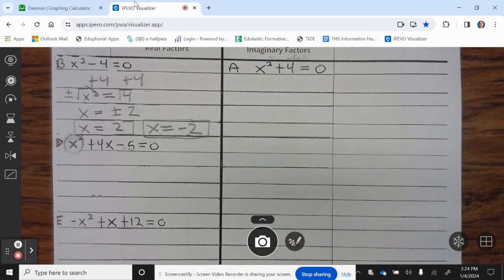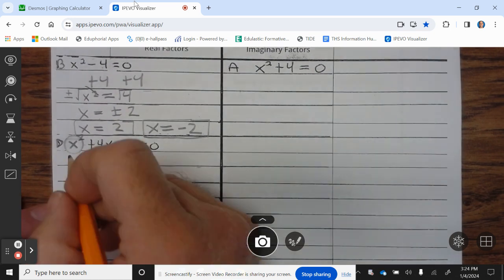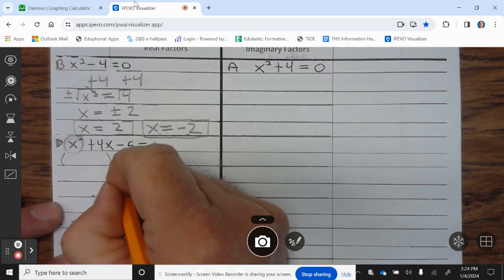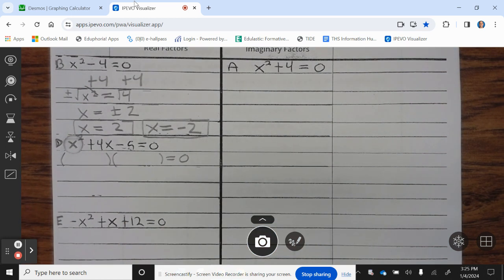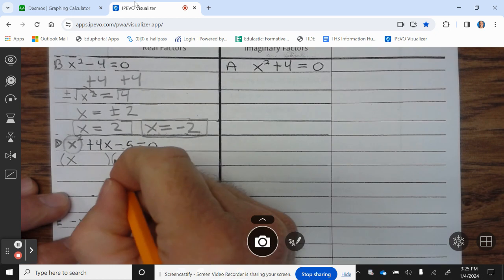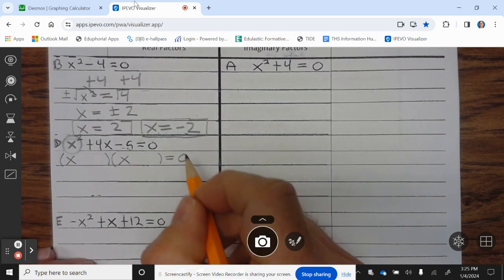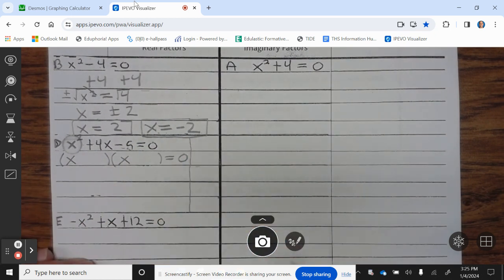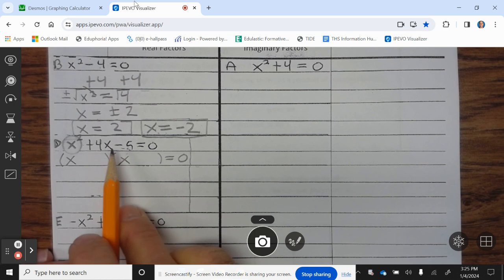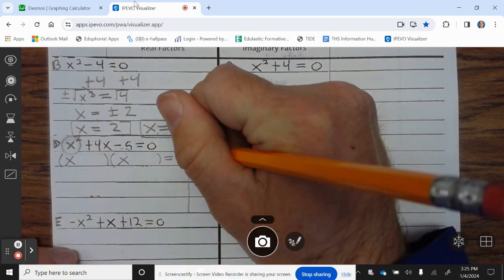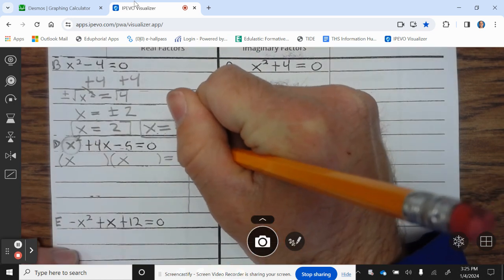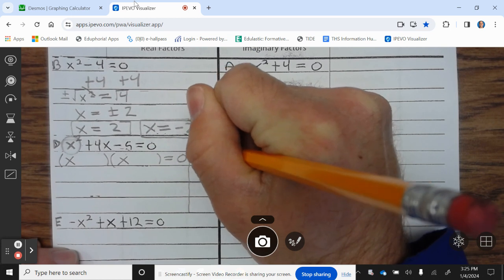All right, let's take a look at D. So 2 parentheses. x and x. Now we need to figure out what numbers multiply to give you negative 5 combined to be positive 4. Since the middle number is positive, the bigger number is positive. So negative 1 times 5 is negative 5.